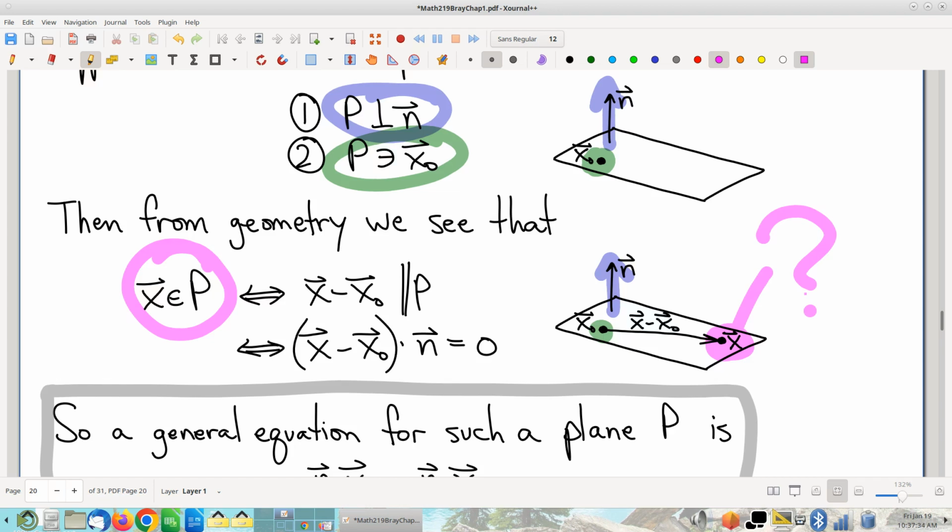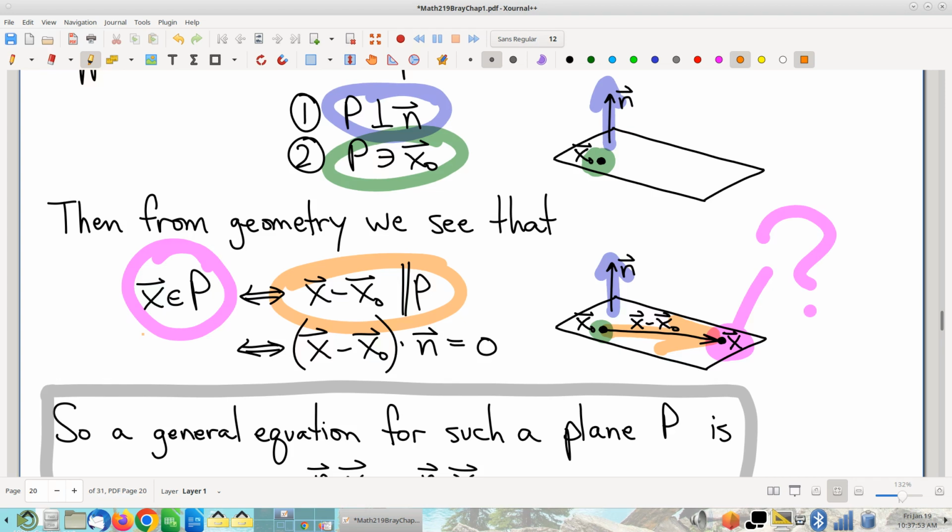Right? And the clever observation to make is that the difference vector, x minus x naught, would have to be parallel to the plane. After all, we're given that x naught is in the plane, and now we're presuming x is in the plane and trying to see what we can write down.